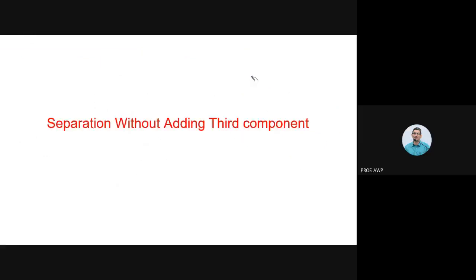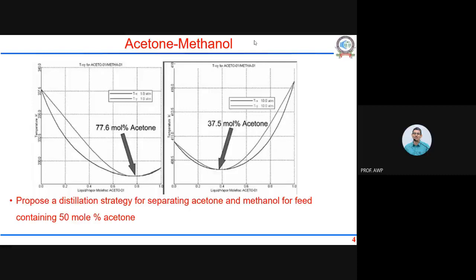So we are now going to look at different ways of separating azeotropes. One of the ways that we separate azeotropes is without adding any third component. We'll see that after some time. This is possible only if the azeotrope composition changes significantly with pressure.